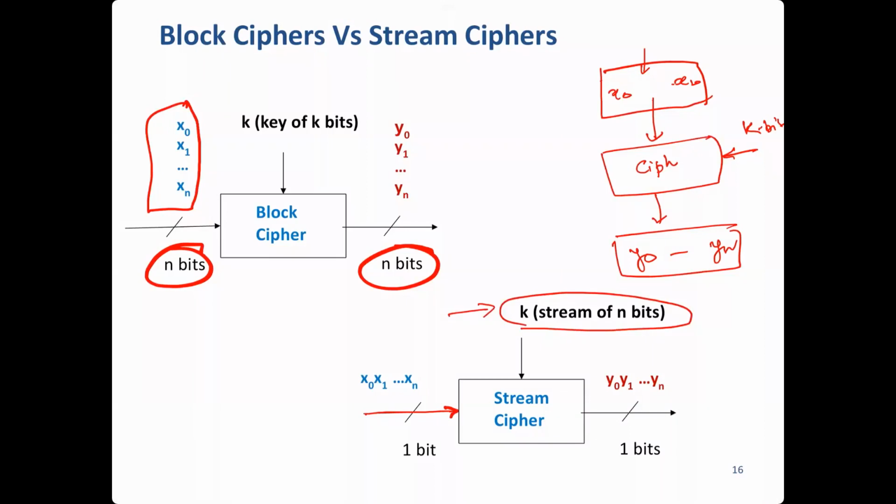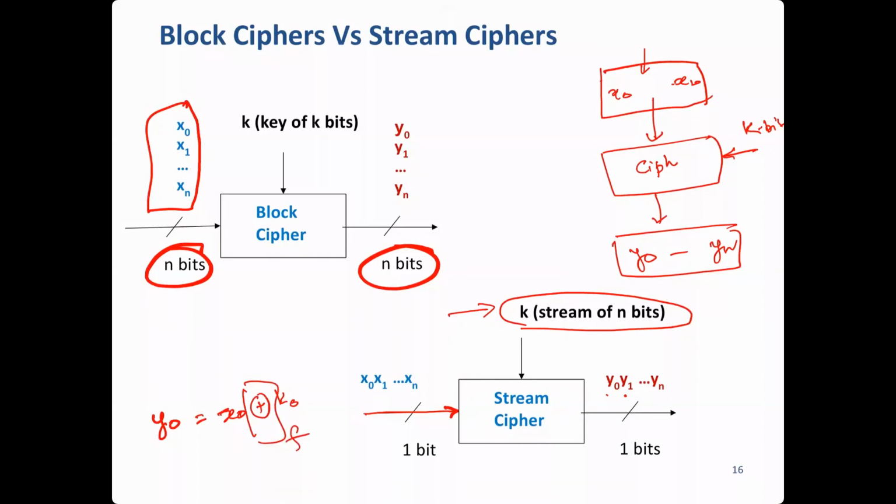Let's assume the stream is x0, x1 up to xn, and output is y0, y1 up to yn. Then we can say y0 equals x0 with some function, maybe exclusive OR of k0. This could be some function.